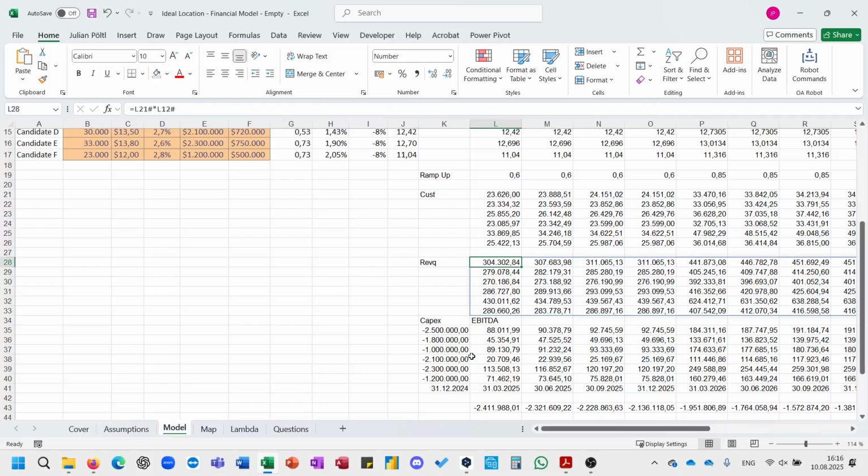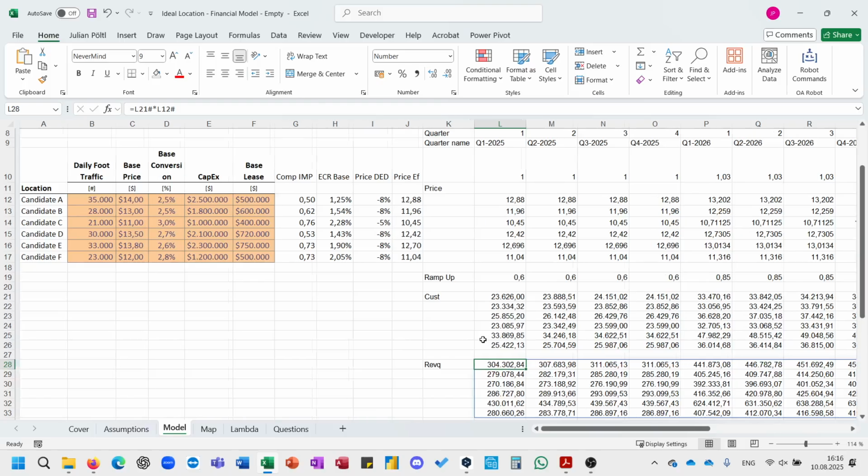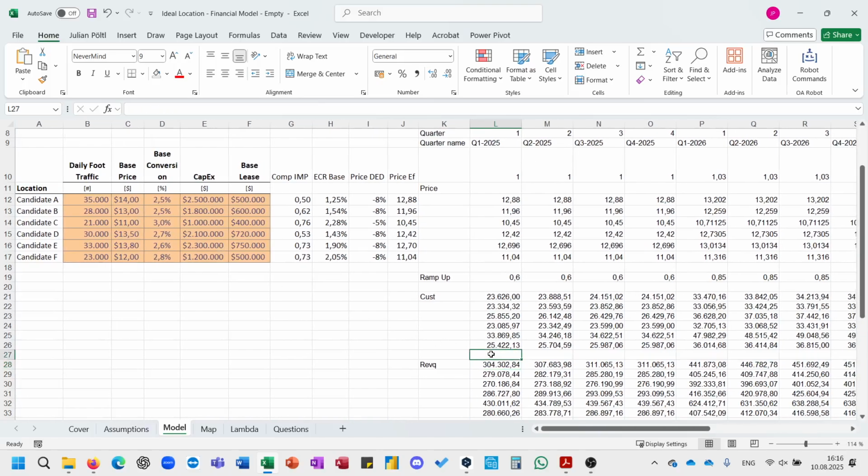Now we are back at the base case, as you can see here. And foot traffic only has an impact on the foot traffic and on the revenue. So I can say, okay, foot traffic will increase by 5% annually. So this times 1.05.